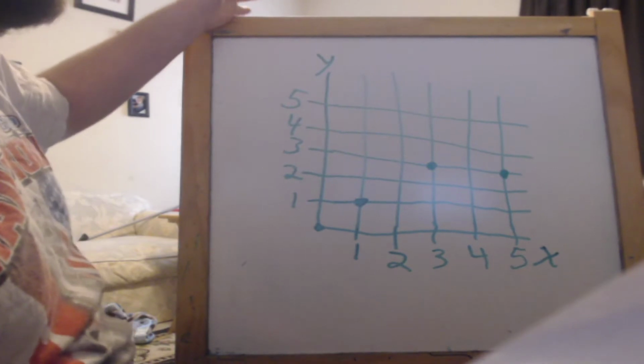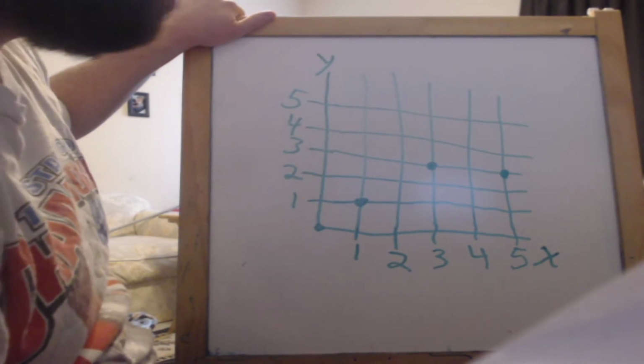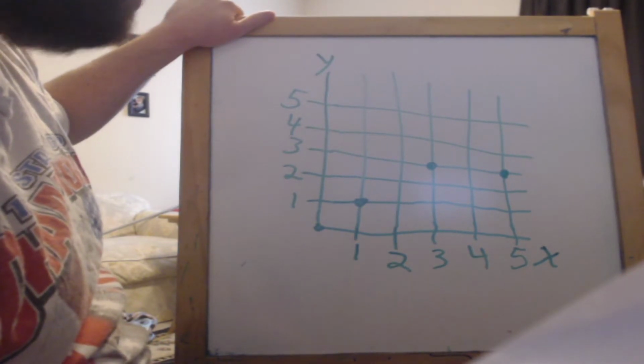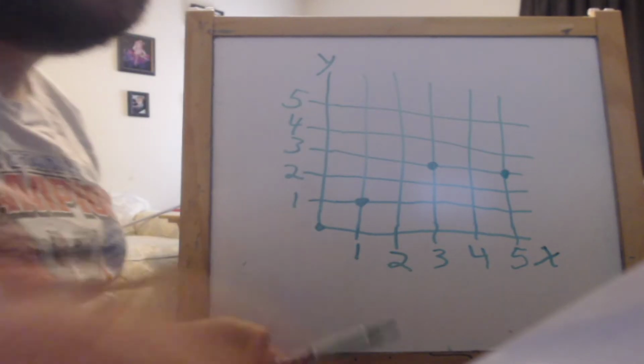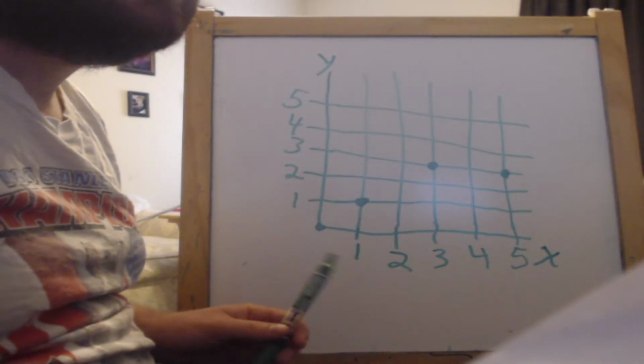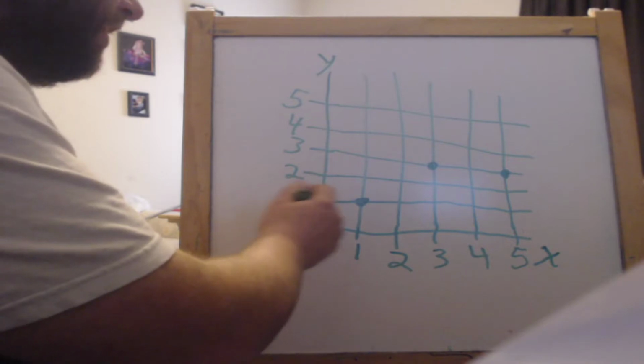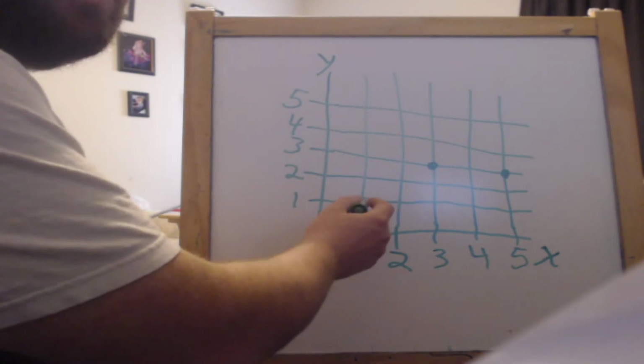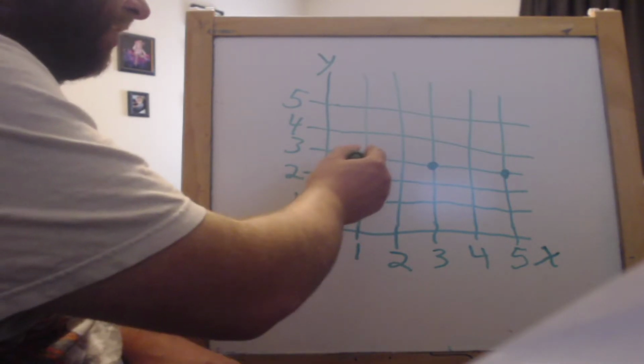Okay, and now, of these answer choices, which one would go? It's (1, 3), so 1 going over this way, and then 3, so it would be here.